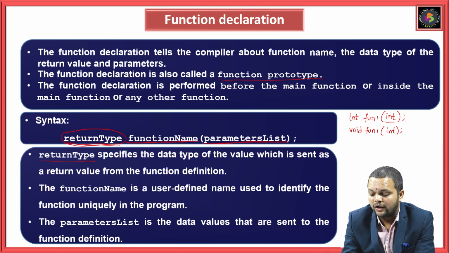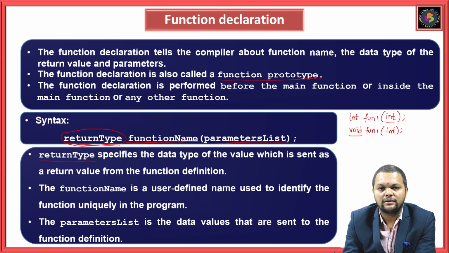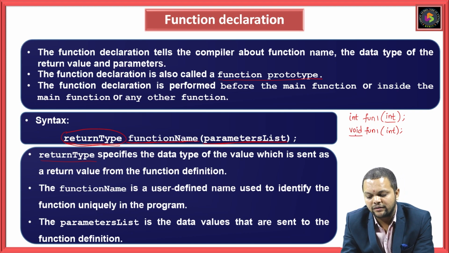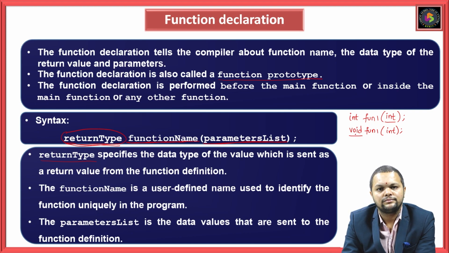That means I'm not getting anything in return. If there is no return type for a particular function, you have to write it as void in your declaration part. function1 is the name of the function, and int is the parameter you are passing to that particular function.